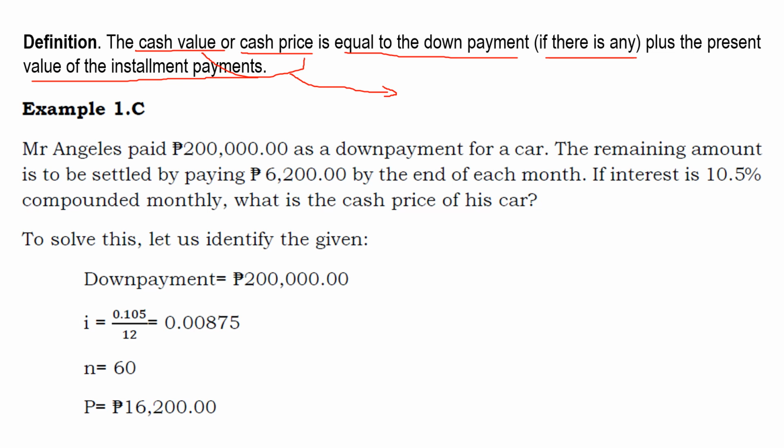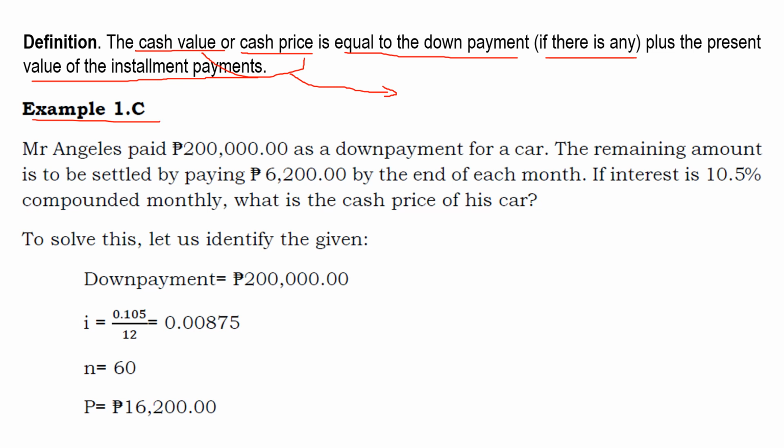The cash value or cash price will be equal to a down payment, if there is any. It's automatic that there is a down payment when you apply for a Home Credit loan, which is 25% or 30% of the total cost of the thing you decided to purchase. So your cash value or cash price is more visible now than before.